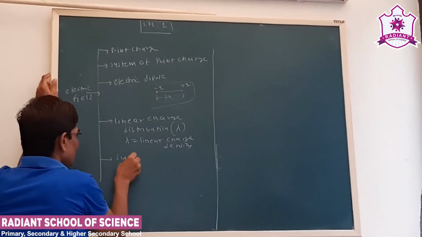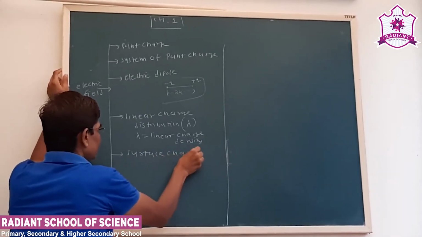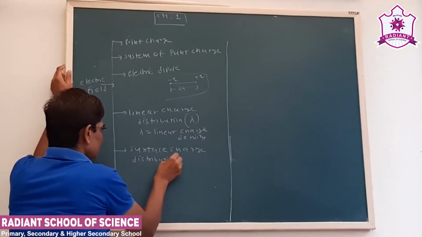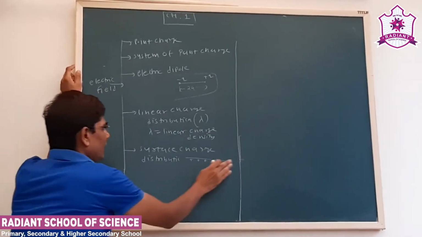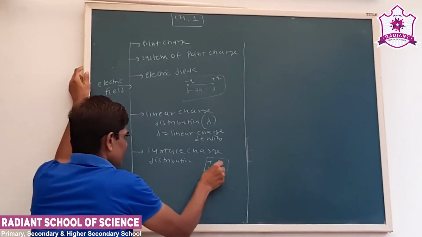Then we have to see about surface charge distribution. Now think of a wire. Think of a charged plate.